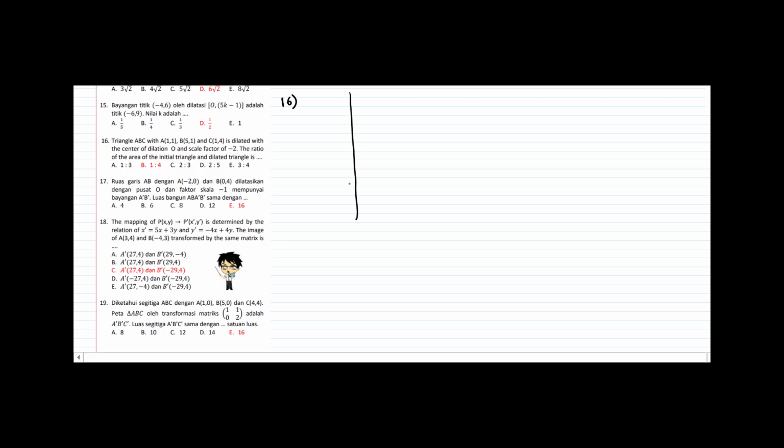Let's draw it first. 1,1 is right here, 5,1 is right here, and then 1,4 is right here. This is 4, this is 1, this is 1, this is 5. The triangle is like this, a right triangle. So we can find the area of the right triangle: half times base times height.